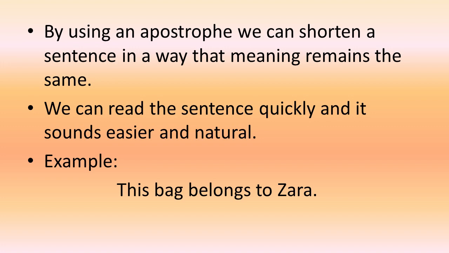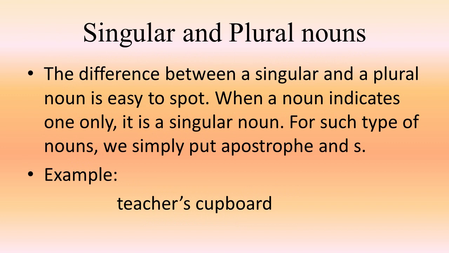For example, this bag belongs to Zara. This sentence can be shortened with the help of an apostrophe in the way that meaning remains the same. We can say, this is Zara's bag. I hope you all know what are singular and plural nouns.